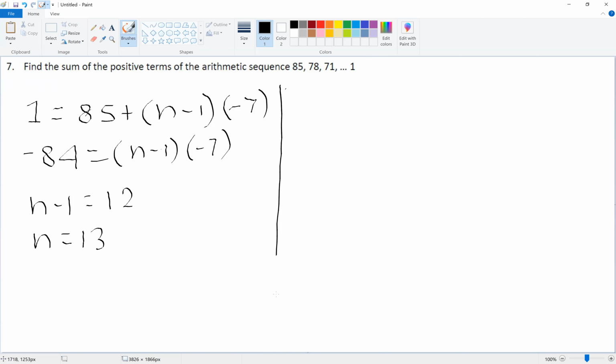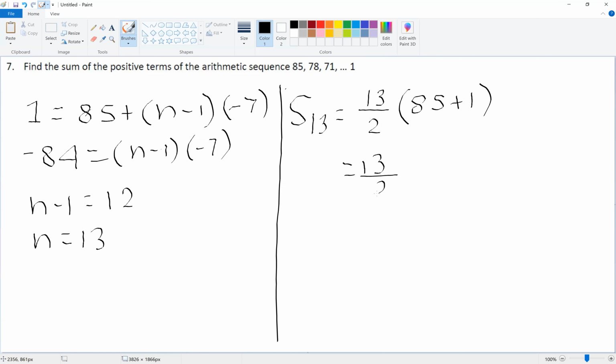So then you do S13 equals 13 divided by 2 times 85 plus 1, which is 559. Sorry, I looked at my work wrong. That's okay.